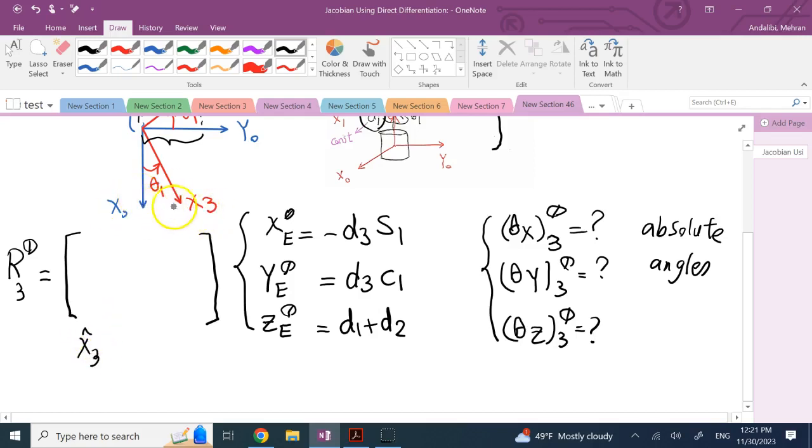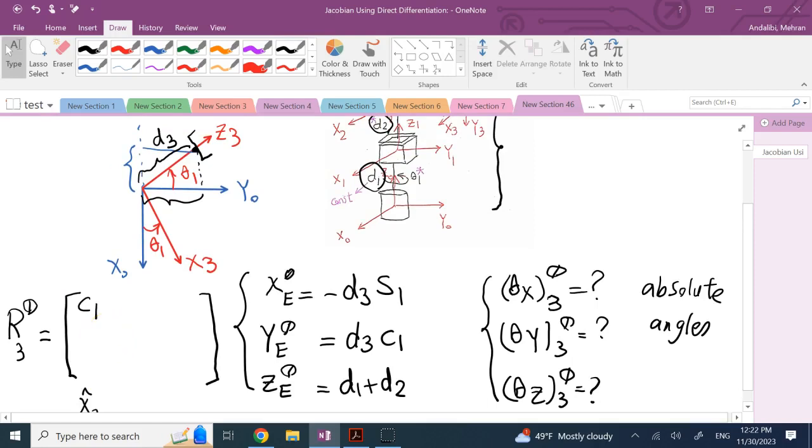Clearly you see x3 has a cosine component along x naught, so it's going to be c1. It has a sine component along y naught, and in this case z naught is out of the board, right? So z naught is something like that, and clearly x3 has nothing along that, so that's going to be 0.